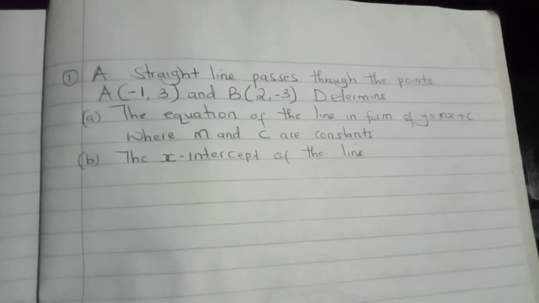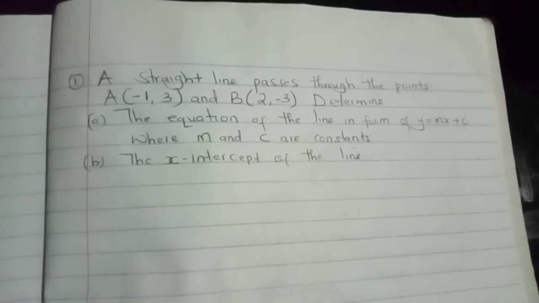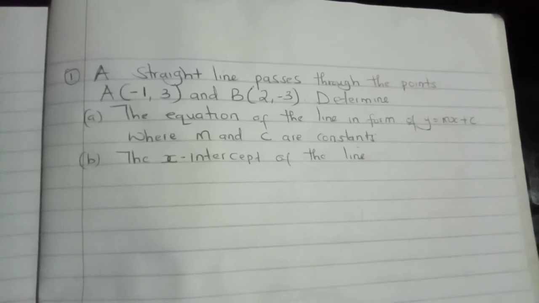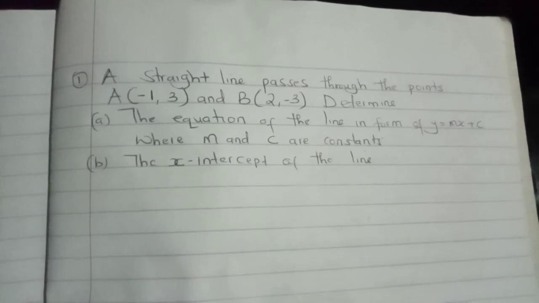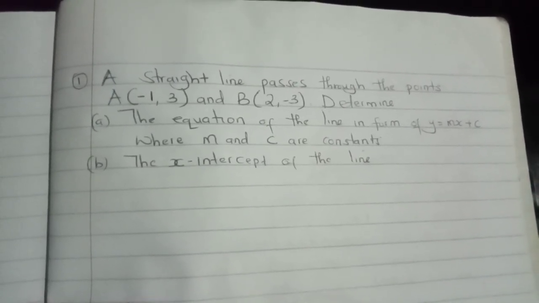So we are going to start with part A, the equation of the line in form of y is equal to mx plus c. First, we cannot get the equation of the line without getting the gradient. Before you get the equation of any line, you must make sure that you have the gradient of that line.